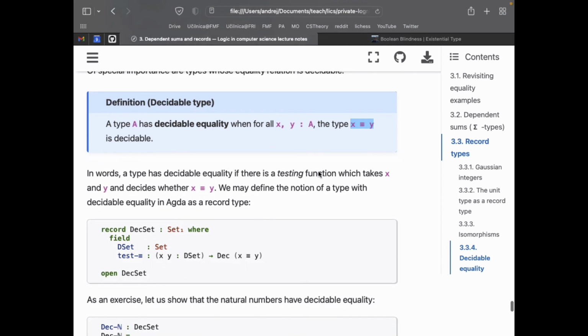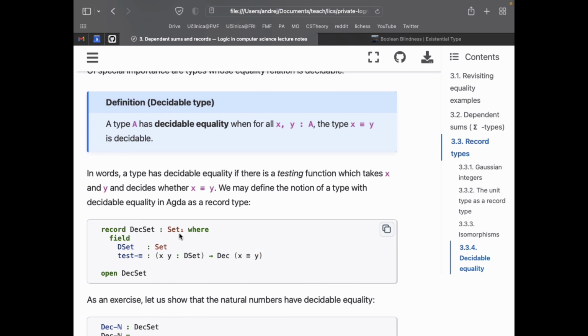So a decidable set is going to be a what? First of all, it's a set. So this is the carrier set, which is called D set here. And it has to have evidence of decidable equality. The next field is evidence that it has decidable equality, because it says for all x and y, it is decidable whether x equals y.